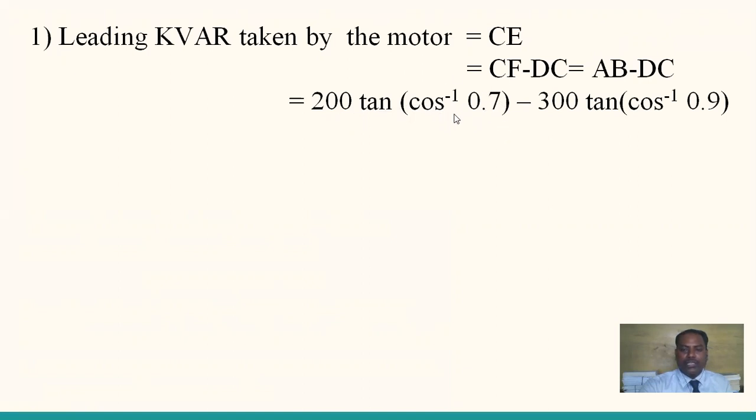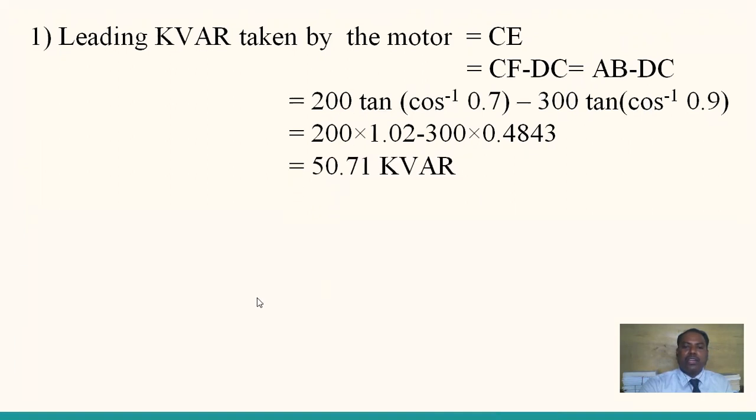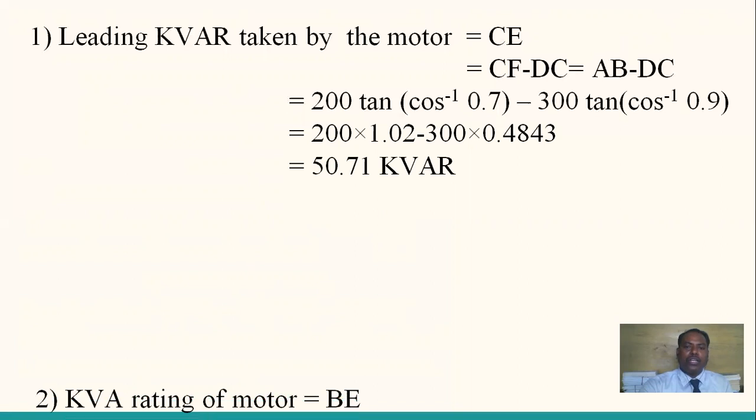Otherwise, you can directly write 36 point something, minus the combined load 300 into tan cos inverse of 0.9. So this is 200 into 1.02 minus 300 into 0.4843, which is equal to 50.71 kVAR. This is the value of leading kVAR supplied by the motor.